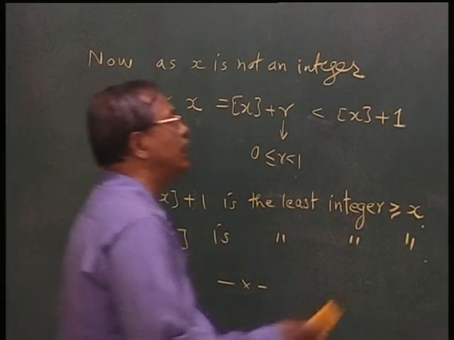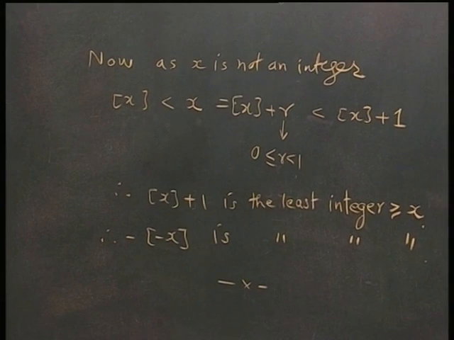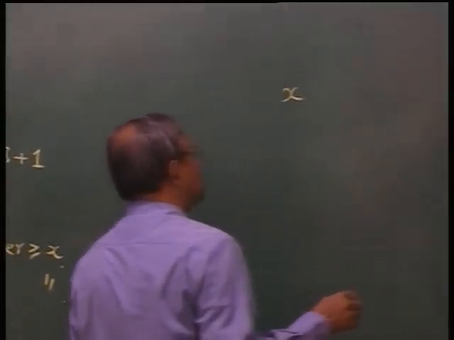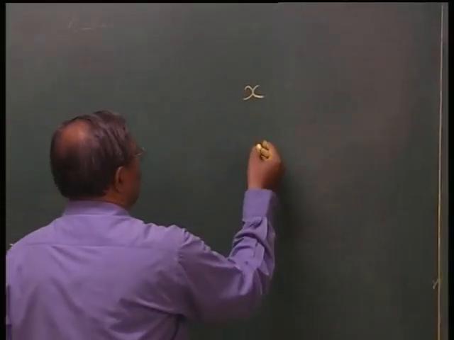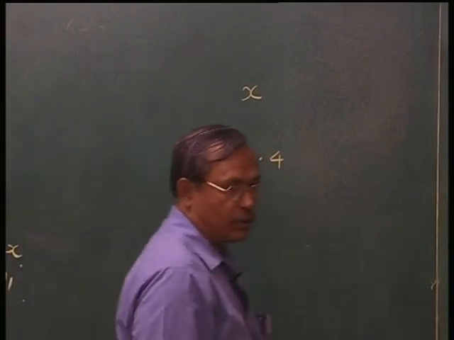Now there are two other integers which are associated with the given real number x. We have this number x and we have the concept of nearest integer, like 2.4.